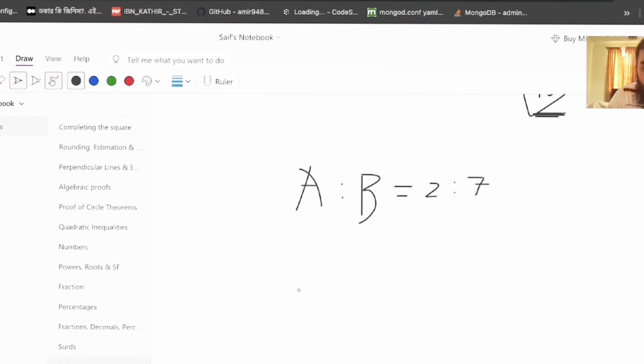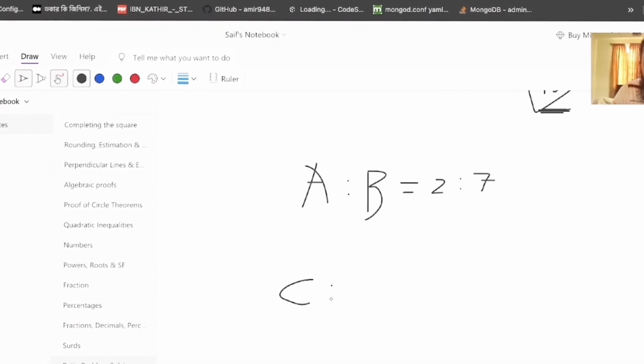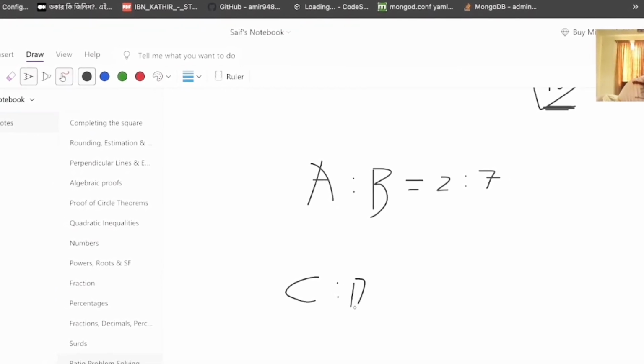So what is the ratio of Chloe and Dinesh? They each get 1.5 times the amount Abby gets. Abby gets 2 in the ratio, so Chloe gets 1.5 times that, and Dinesh will also get 1.5 times the amount Abby gets.